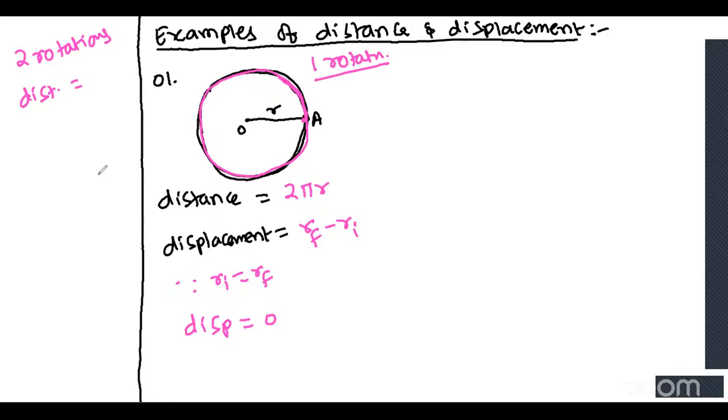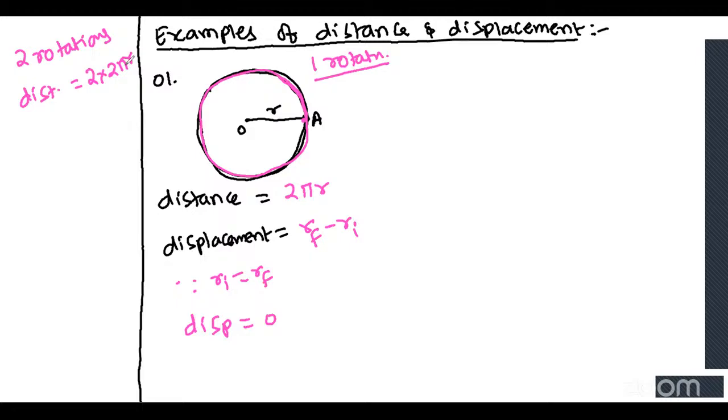For one rotation, it is 2 pi r. For two rotations, what will be the distance? 2 into 2 pi r. Right? Can I say?